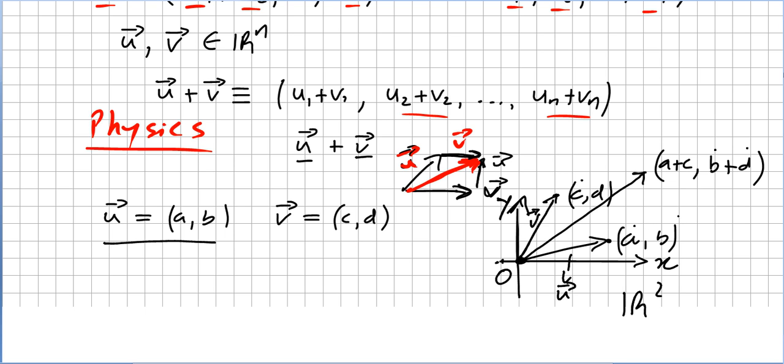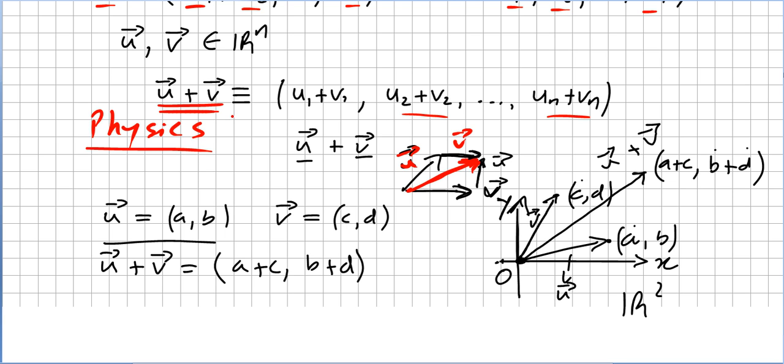So this will be the endpoint of u plus v. Here we are using geometry. But if we add the corresponding components, we can see that u plus v is equal to (a plus c, b plus d), according to the definition of what adding vectors is.